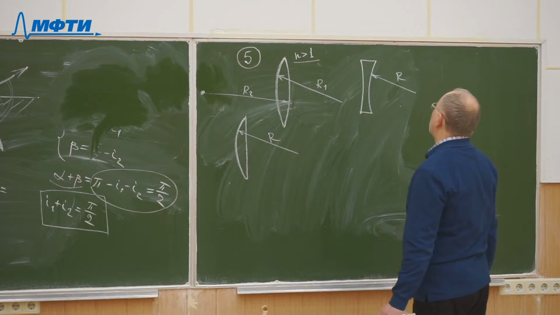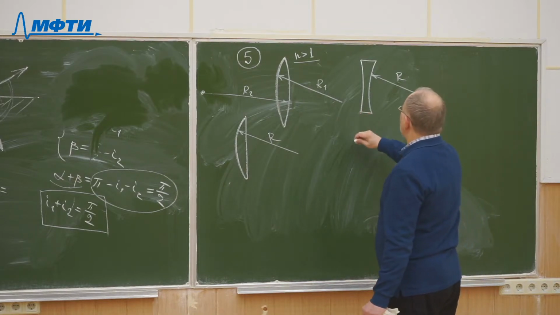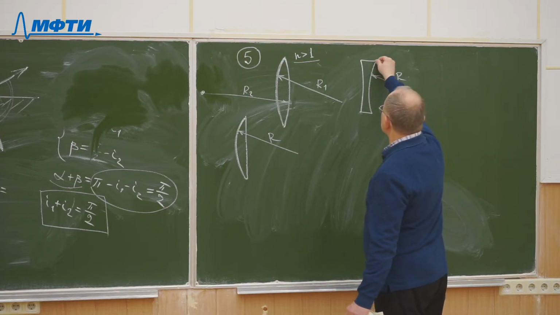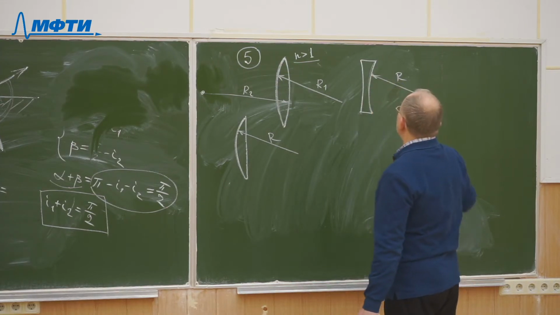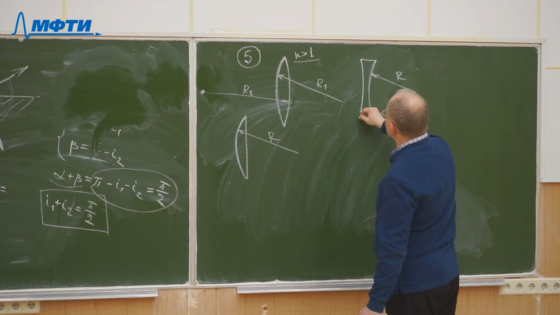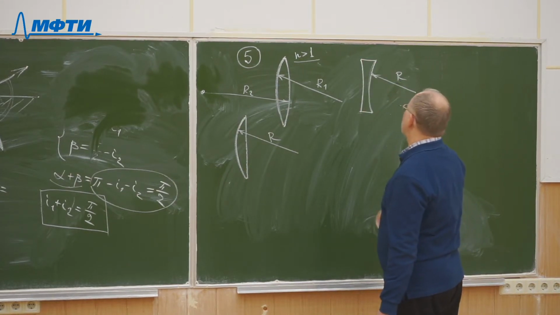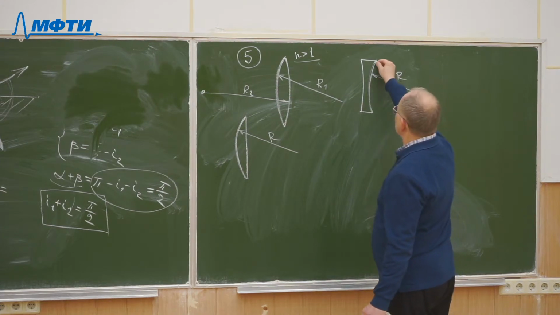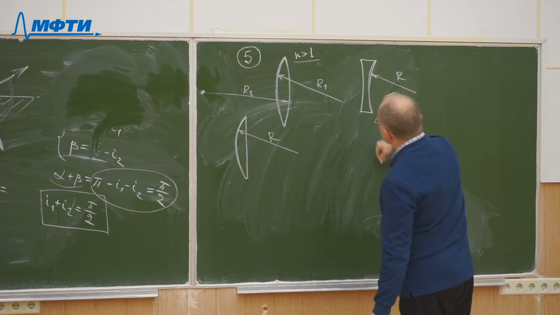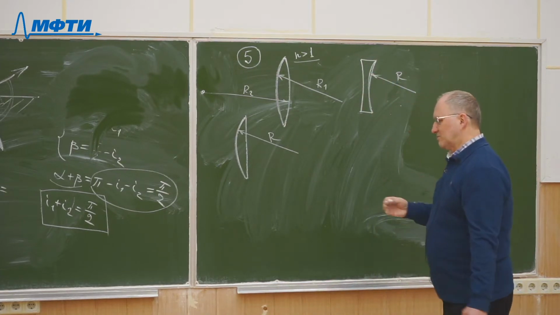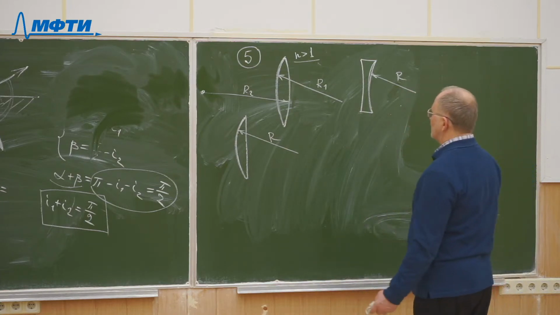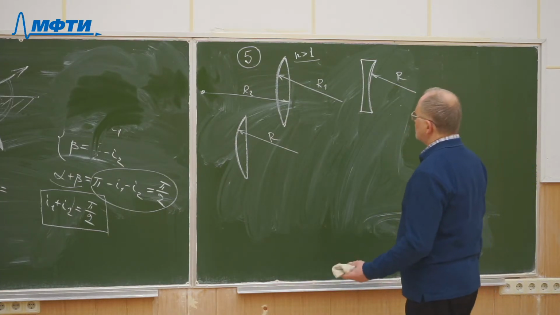And so sometimes lenses are different. Sometimes lenses have one spherical concave surface, and another surface is flat. And sometimes people even produce lenses which have one concave surface and another convex surface. So all possible situations are realized in practice.